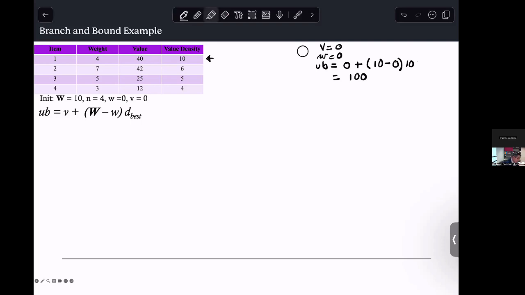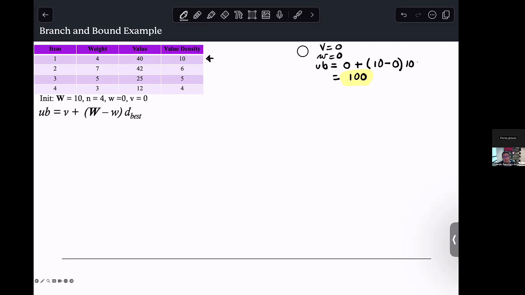So this is the promise that we are getting. I mean, this is the best we are promised to obtain in our backpack with these 4 items.